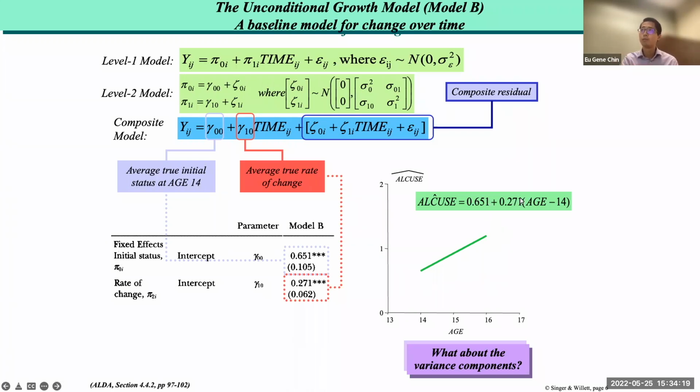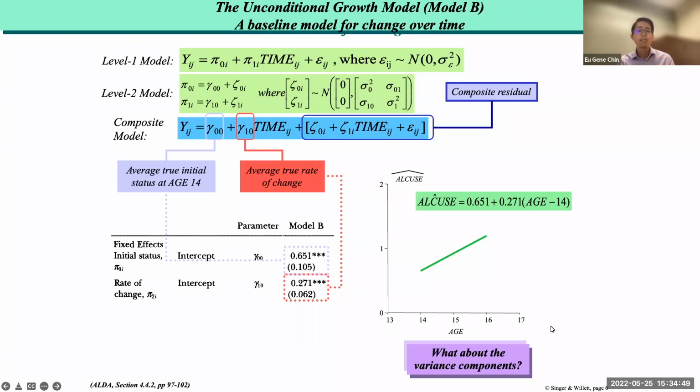You've got the intercept, you've got the slope, and this is a function of time. It is age minus 14 because the authors decided to use a certain variable of time so that the intercept represents alcohol use when time equals 14 years old, as opposed to when the participants are 0 years old, because that wouldn't make too much sense. So this represents the fixed effects. We're going to try to reproduce this graph for you over here. This shows you how much alcohol use changes across time.